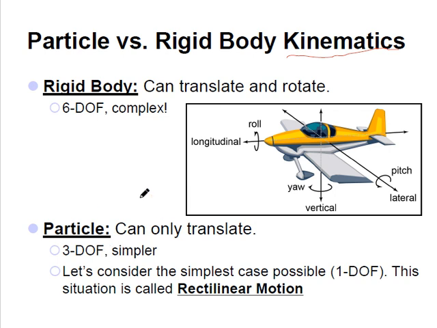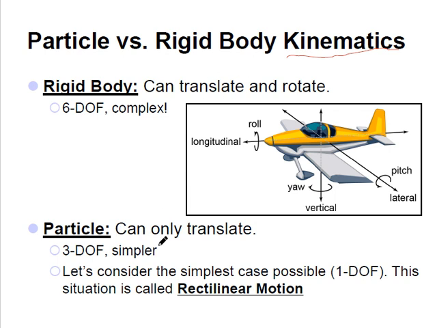Like I said in chapter 1, they're very small. Yeah, so these are simple objects, so they can only translate. Okay, in chapter 1 we said we're gonna consider rotation for rigid bodies. For a particle, it can only translate.